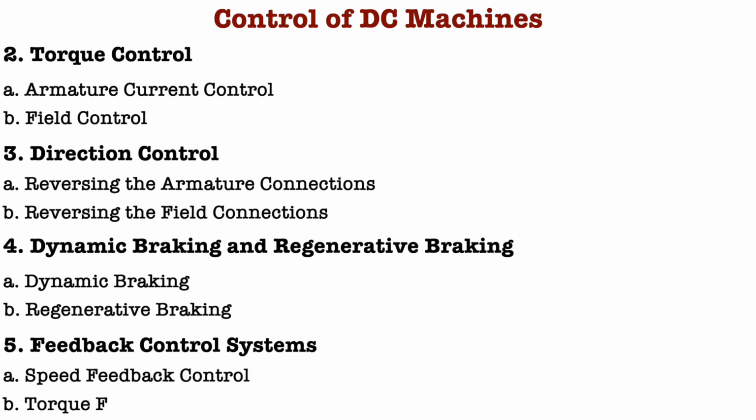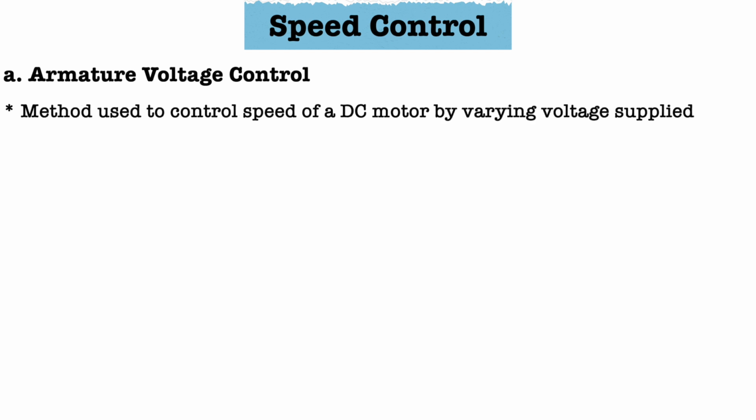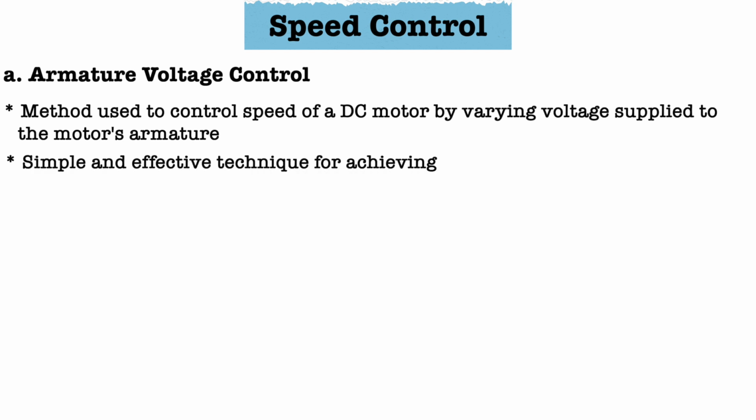The first speed control method, that is armature voltage control, is used to control the speed of a DC motor by varying the voltage supplied to the motor's armature. We use this technique widely because of its simplicity and effectiveness in achieving a wide range of speeds.